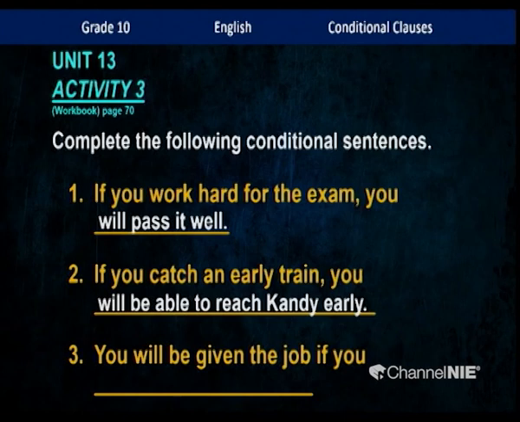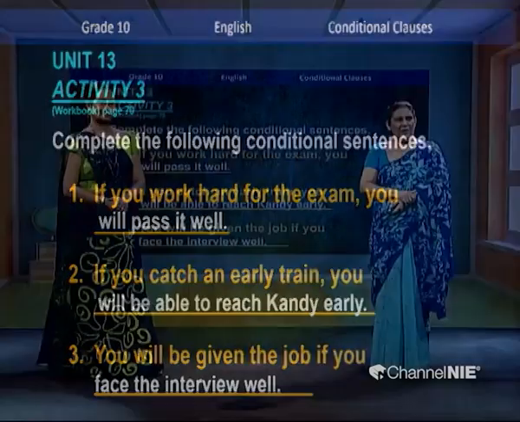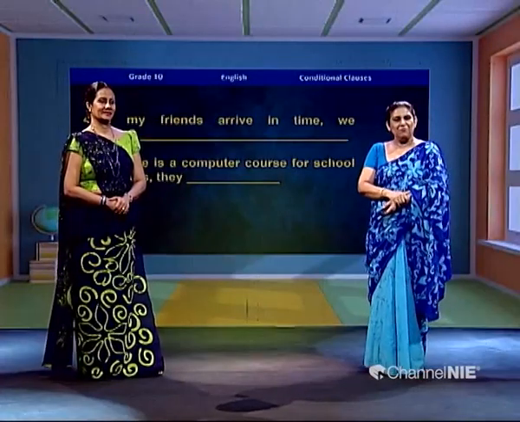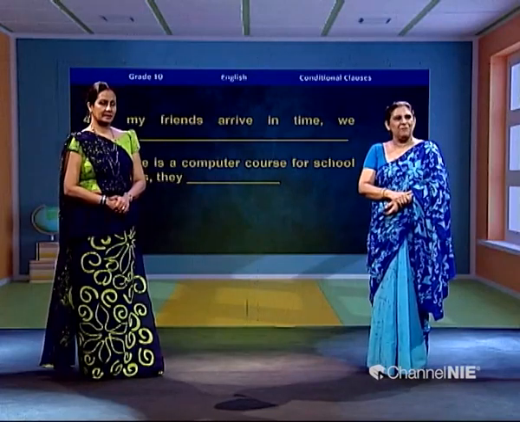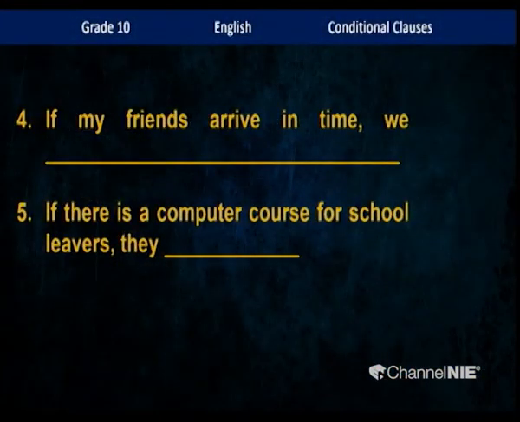Third one. You will be given the job if you, yes. When will you get a job? If you face the interview well. You will be given the job if you face the interview well. The fourth one. If my friends arrive in time, we.